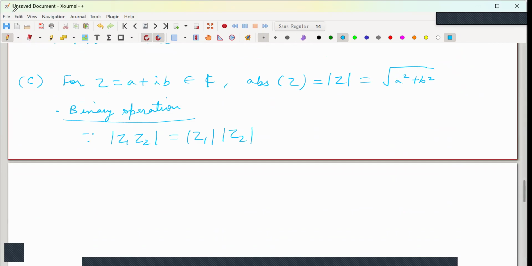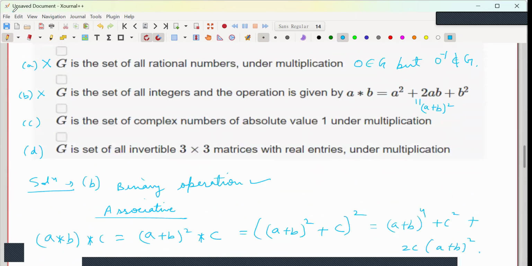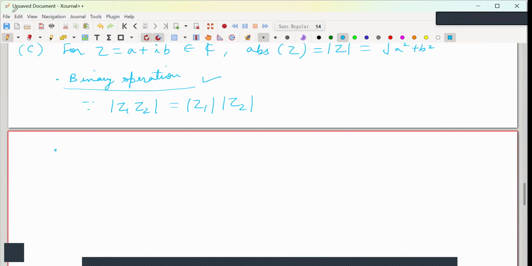So if this is of absolute value 1 and this is of absolute value 1, then this will also have absolute value 1, right? So the binary operation is done, and it is associative because multiplication of complex numbers is associative, right?